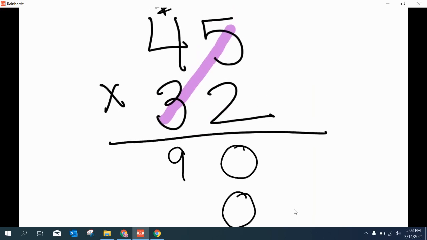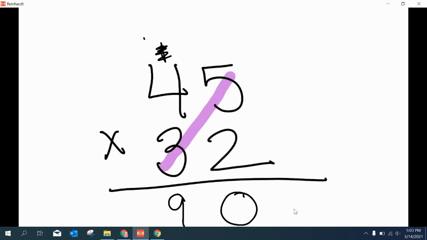Now I can multiply. What is 3 times 5? I know 3 times 5 is 15. And since I'm in the tens place, I write my 5 in that tens place, and I put it down. I'm going to carry my 1 again.